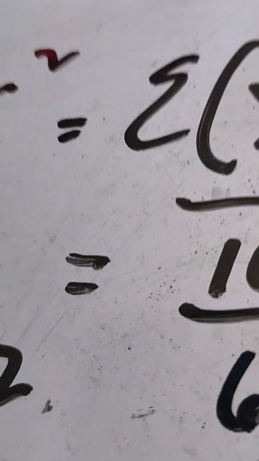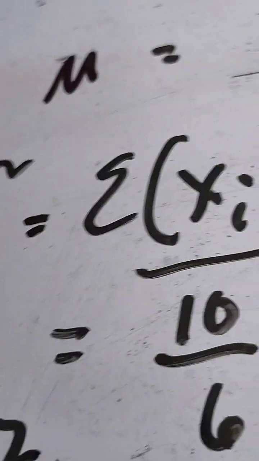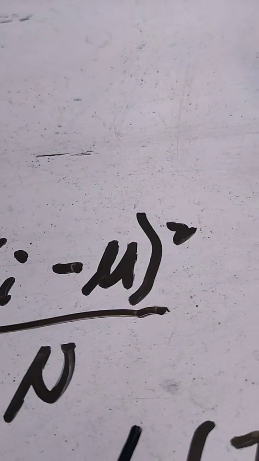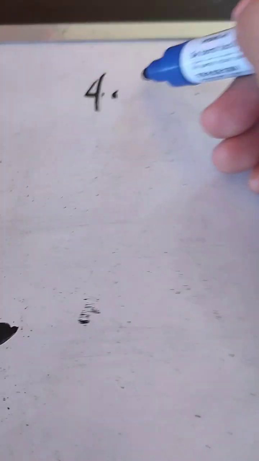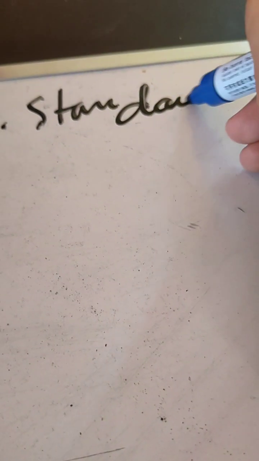We have mentioned already that the first is the range, the second is the mean absolute deviation, then the variance, and the fourth one is the standard deviation.